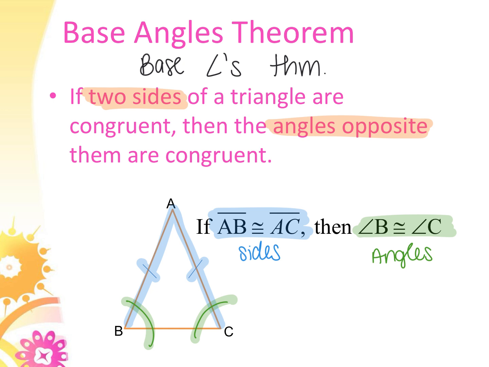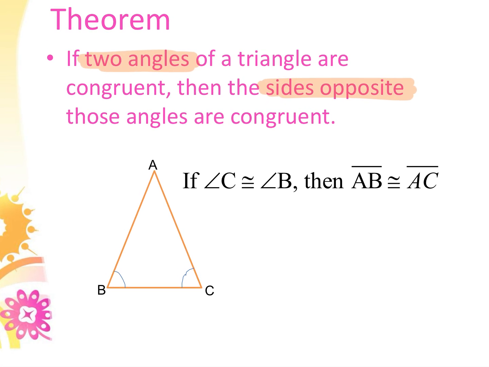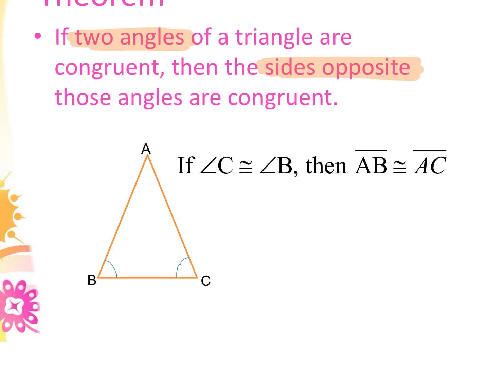Now look at the next one. This is converse. Keep in mind the converse means it's switched. Again, look at the verbiage. If two angles of a triangle are congruent, then the sides opposite are congruent. So looking at this one, I'm going from my angles, which they're giving me right here. They're saying if your angles are congruent, then that must mean your sides are going to be congruent.